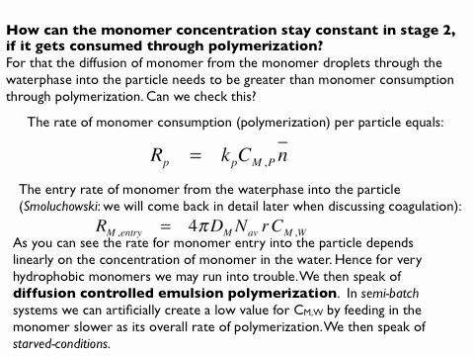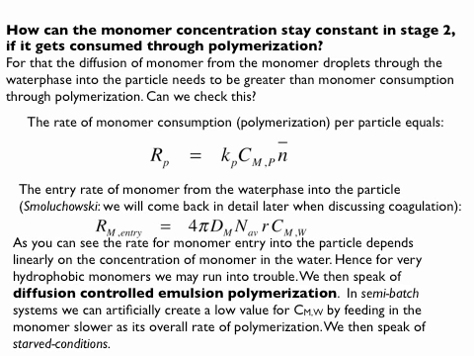Hopefully in kinetics, in year 1 or year 2, or maybe even year 3, you might have heard of the Smoluchowski collision theory, which determines how fast two objects collide with each other. If there is no barrier for this collision, so there's no reversible collision, as is the case here, we assume if a monomer molecule hits the particle, it gets taken up. So we use Smoluchowski theory for that.